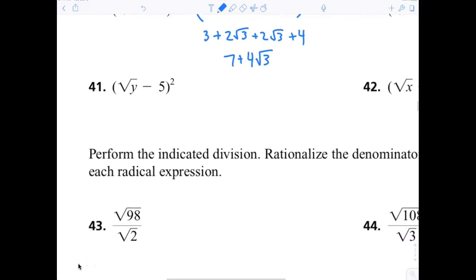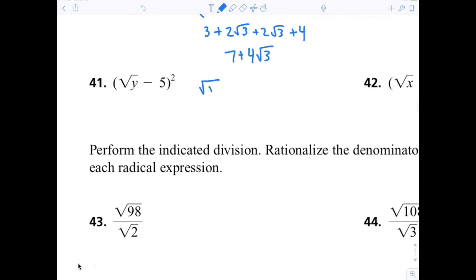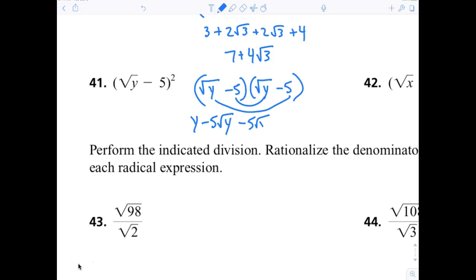All right, let's take a look at number 41 now. Square root of y minus 5 times square root of y minus 5. Square root of y times square root of y is y, minus 5 radical y, minus 5 radical y. Look how easy that is. Now the only two you can combine are the what?